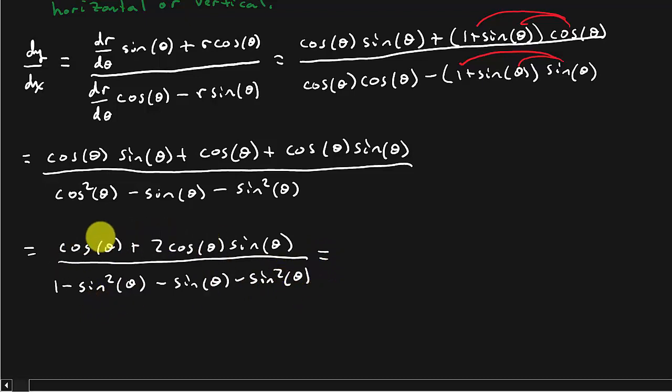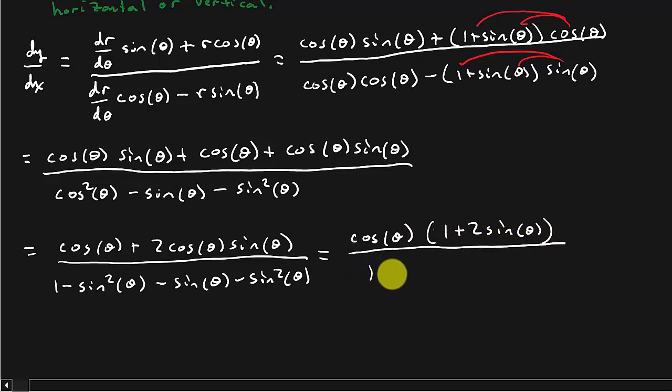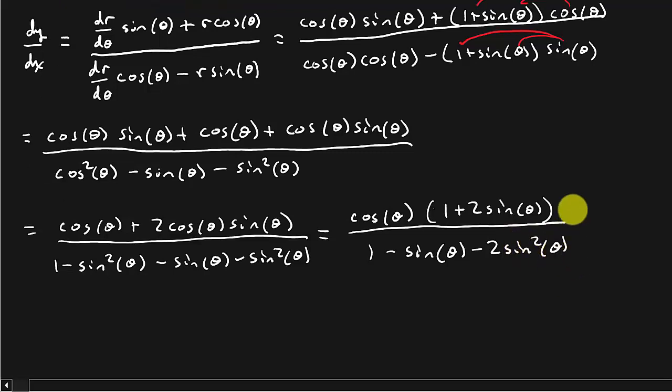Not much else I can do with the numerator up here. Well, yeah, I guess we can. Let's factor out a cosine theta. How about that? And that's going to be 1 plus 2 sine theta. And that's going to be 1 minus sine theta minus 2 sine squared theta.